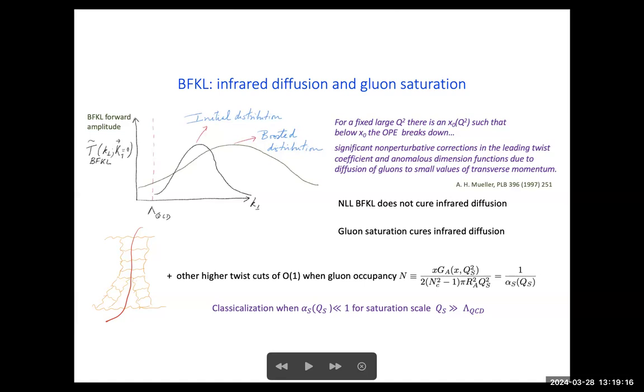What cures it is a phenomenon called gluon saturation. Imagine you have this ladder of gluons, and you can have additional high twist configurations where two ladders can fuse into one. So you can think about this as gluons producing softer and softer gluons. But at some point, the density of gluons gets so large, right?